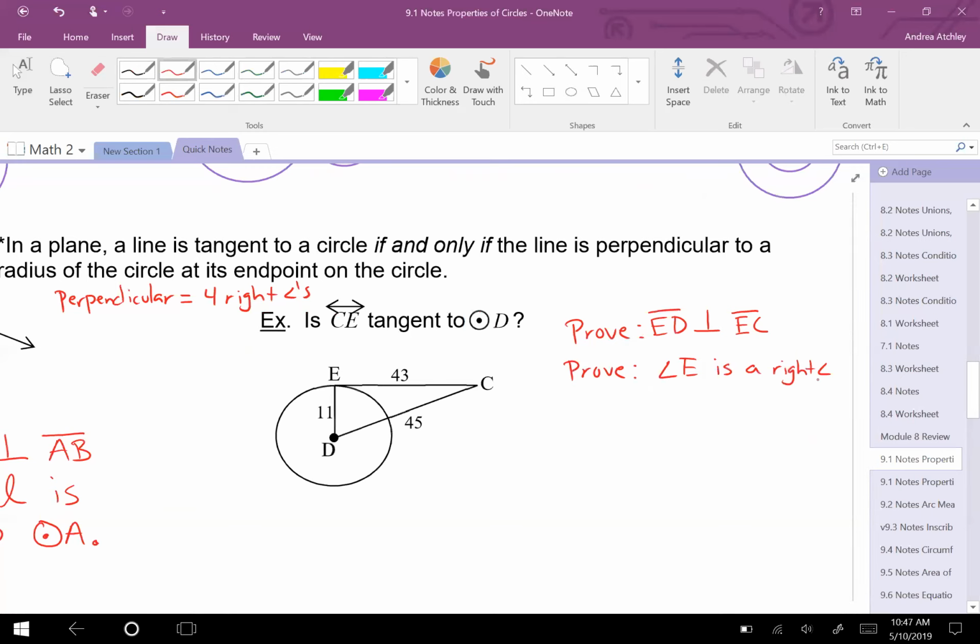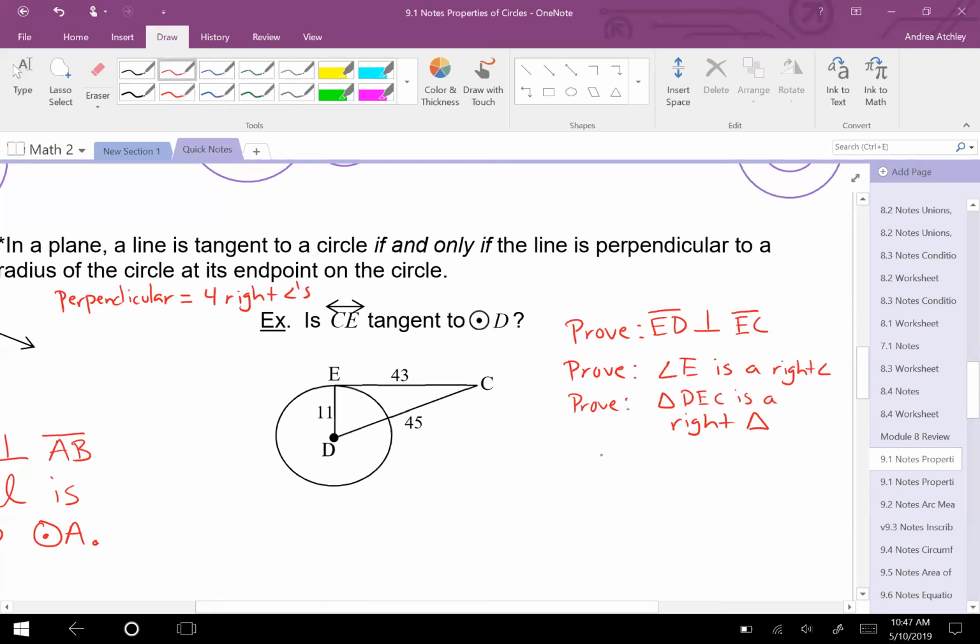Anyone have an idea on how I can prove that angle E is a right angle? How am I going to prove that that angle is 90 degrees? It looks like it, but that doesn't mean it is. Pythagorean theorem. Okay? In order to do that, I need to prove triangle DEC is a right triangle.